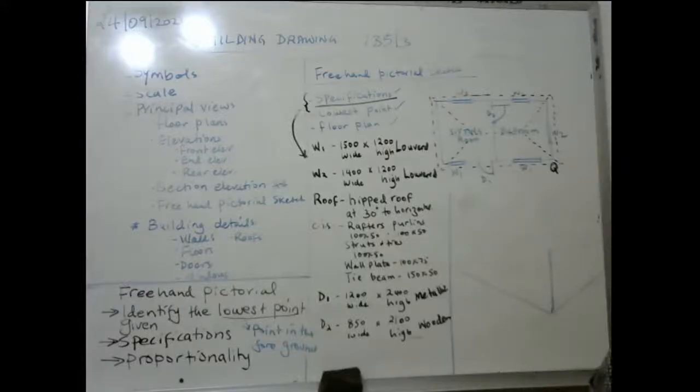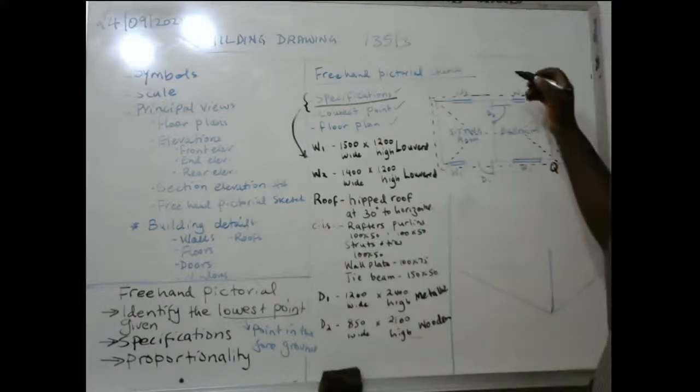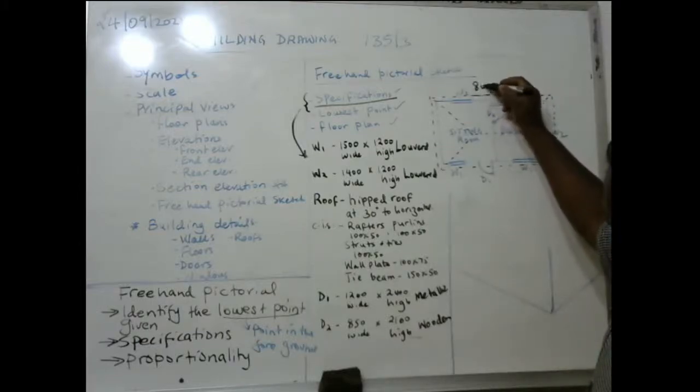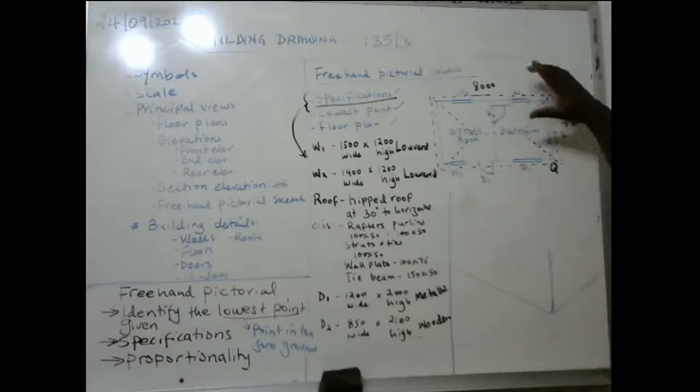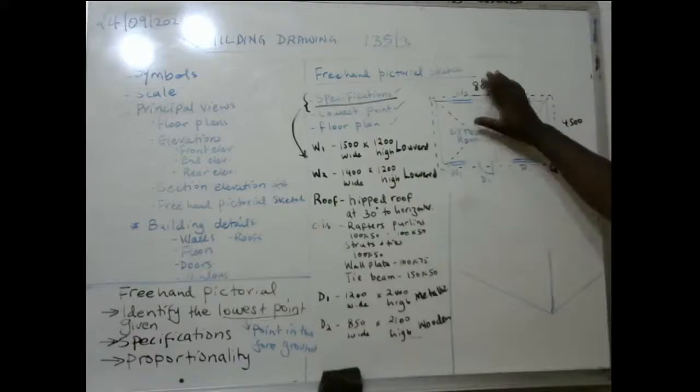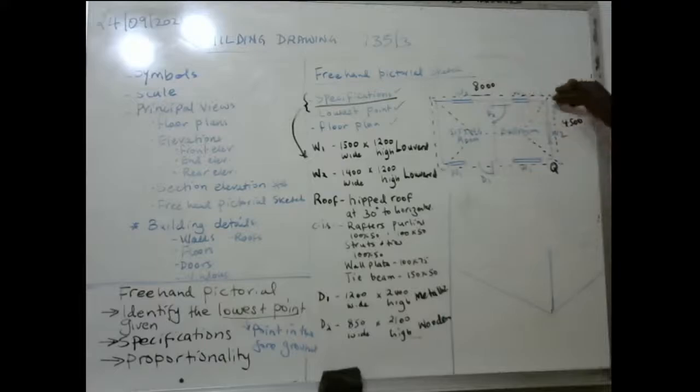So the proportion suggests that, for example, if this side here is like 8,000 and this one is like 4,500. If these are the proportions, 8,000 then 4,500, then by our mathematics, this one here appears slightly longer.